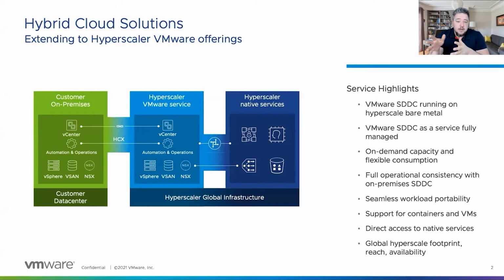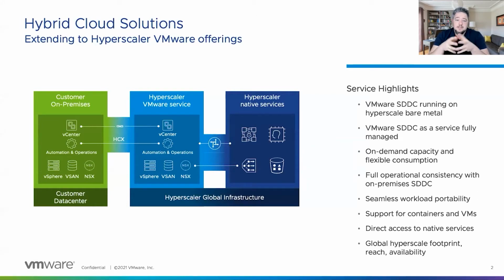On the right side, we see exactly the same software-defined data center stack, but running in the hyperscaler physical environment and using the hyperscaler's bare metal hardware. And since this is running in the public cloud hyperscaler's environment, we have access to the native services that are available on the right side.